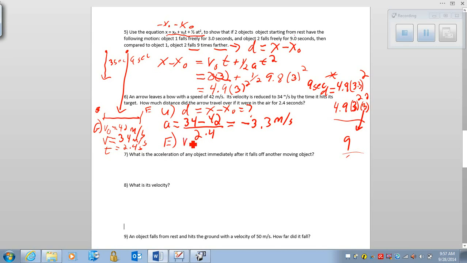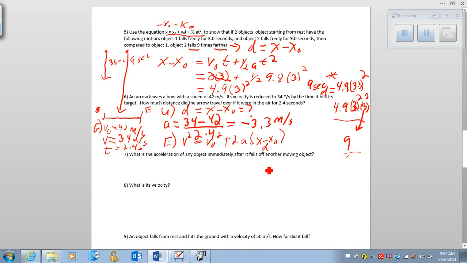So this is: final velocity squared is equal to initial velocity squared plus 2 times the acceleration times x minus x0. And of course, this is what we're looking for right here. This is our distance.